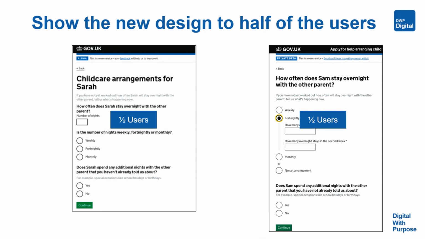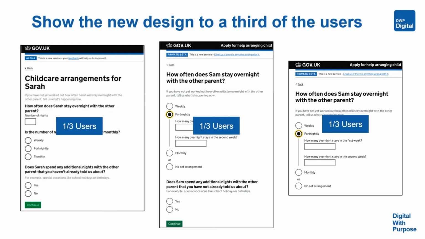But what if we also had a third idea that we thought might be just as good or better than the variation that we were putting up for test? We could also be in a situation using A/B testing tooling where we could show a third of the users each of the different designs and test all of them at once.